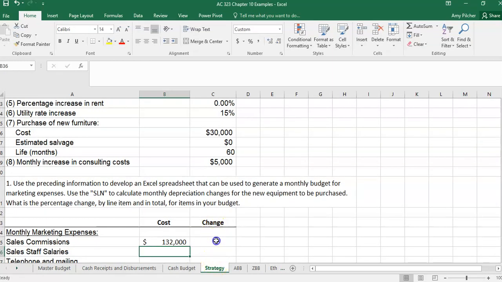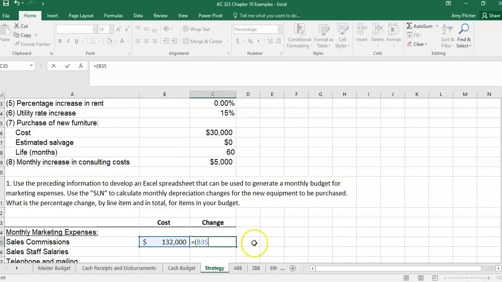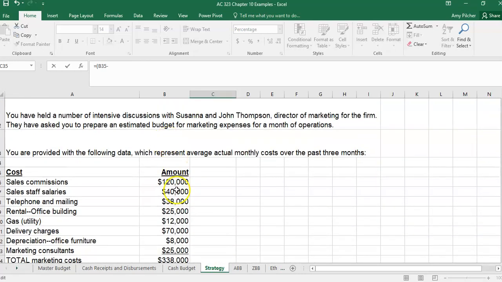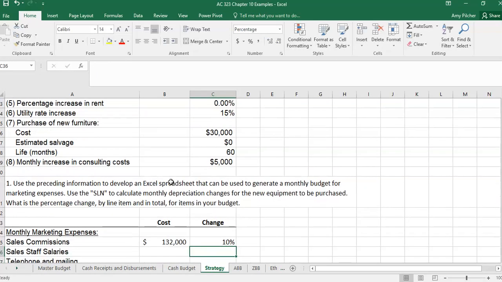And our percent change is our cost, we need parentheses, minus our original cost divided by the original cost.